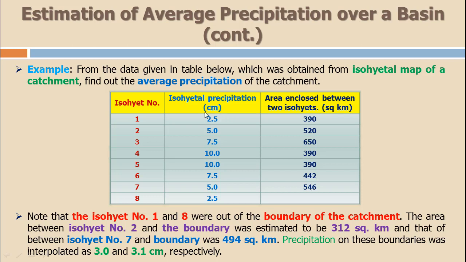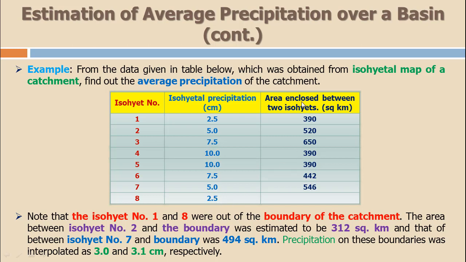Here the value is given in centimeter. In the previous example, the value was in millimeter. So the first isohyet value is 2.5 centimeter, 5 centimeter, 7.5, 10, 10, 7.5, 5 and 2.5.